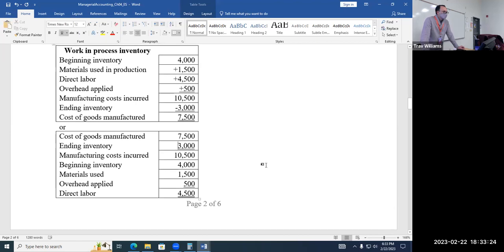So does this seem to work here? The cost of what we manufactured plus our ending inventory comes out to 10,500. We subtract from that all these other costs. We end up with our $4,500 direct labor. Okay, looks like it works. Any questions, comments, complaints?